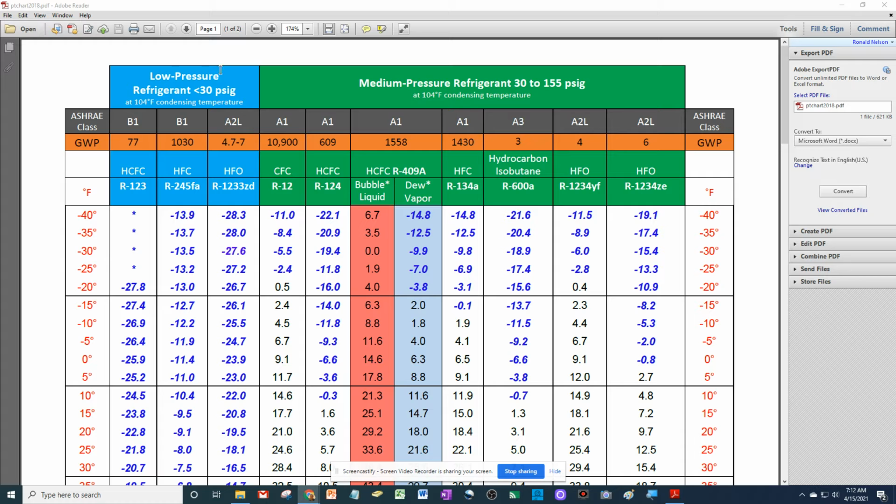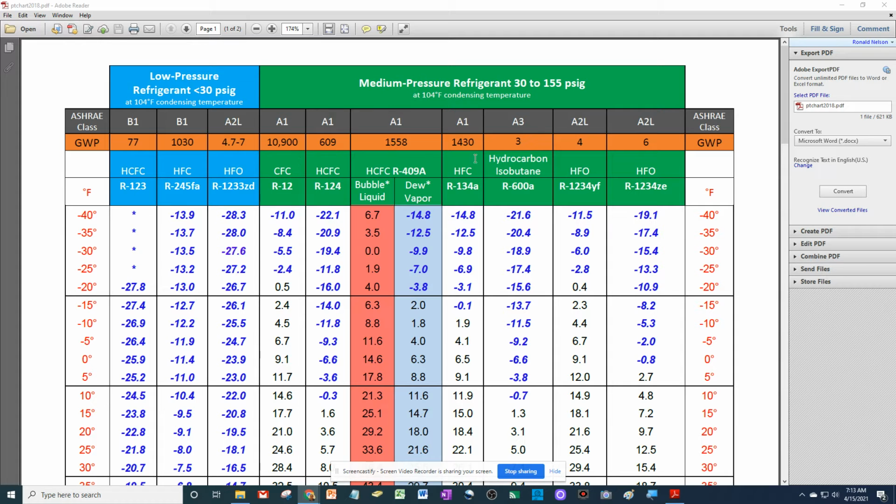Up here, you see low pressure refrigerant and medium pressure refrigerant, and it even color codes it to show you which ones are medium pressure refrigerants and which ones are low pressure refrigerants. For instance, these three are low pressure refrigerants.